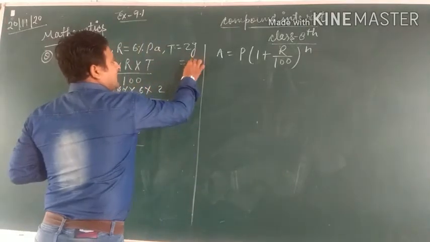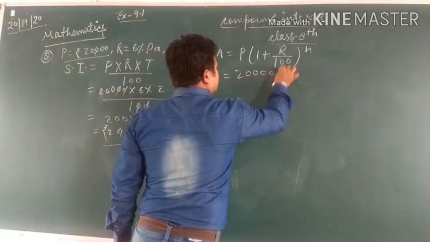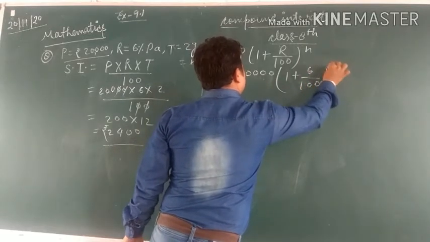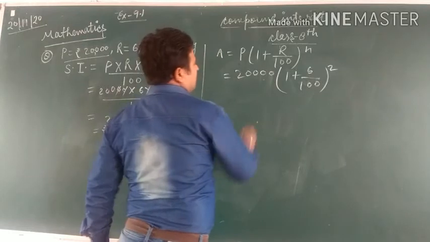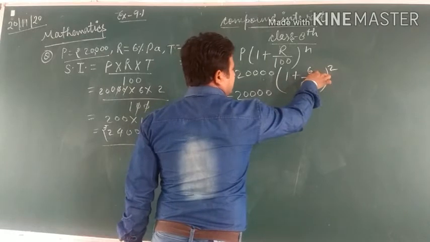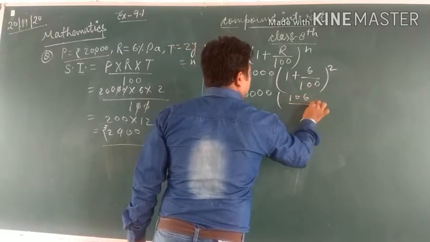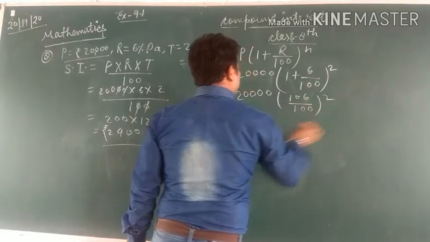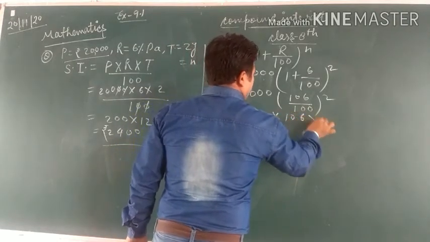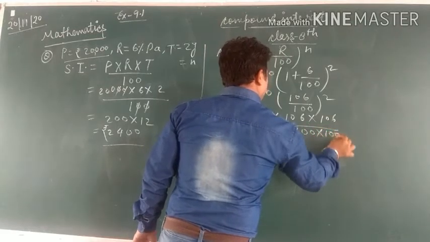Then 20,000 times 1 plus 6 upon 100 to the power 2. 100 plus 6 is 106 upon 100 to the power 2, that is 106 multiplied by 106 upon 100 multiplied by 100.